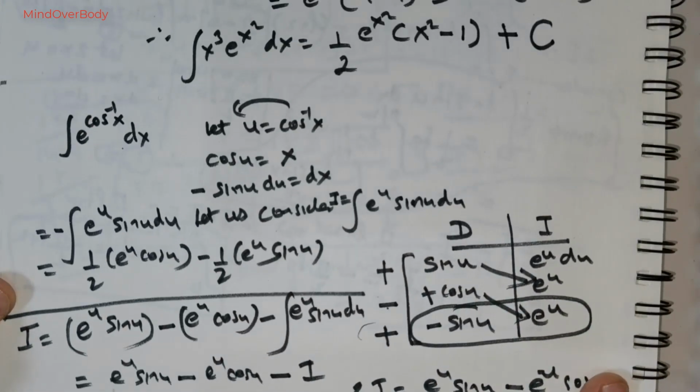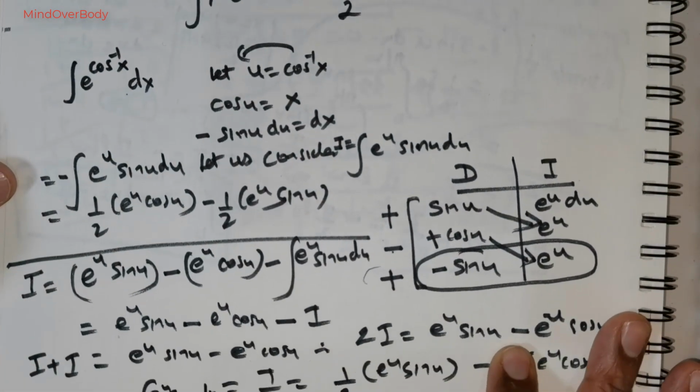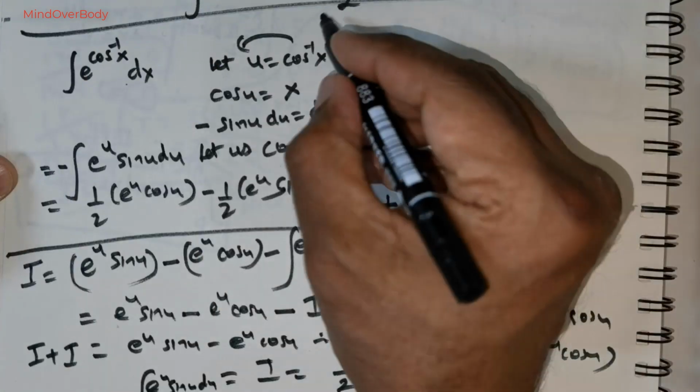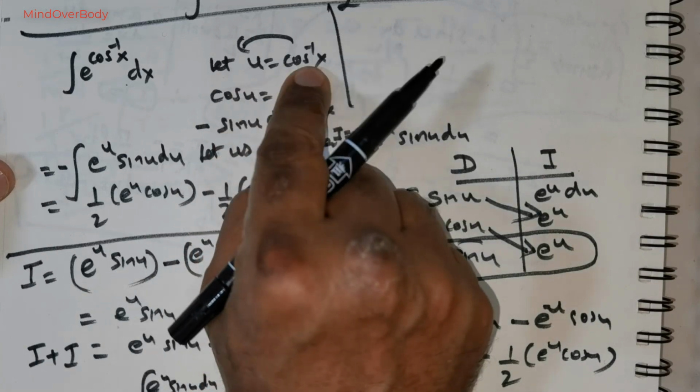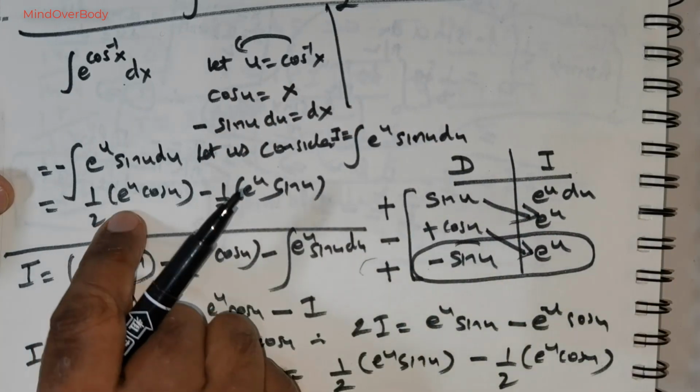Now what is my u? My u is cos inverse of x, right? So substitute it over here.